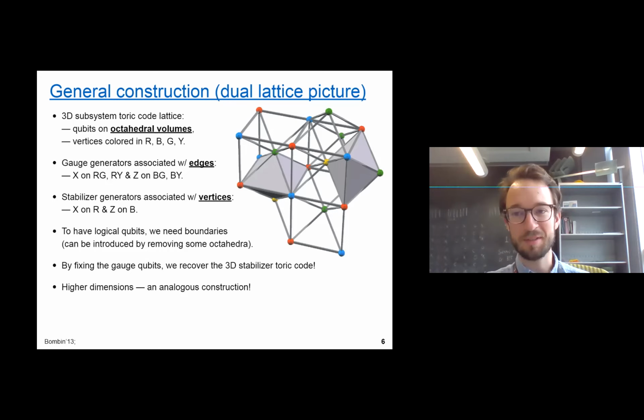And another interesting thing: anyone familiar with the gauge color code? As you go up to higher dimensions, there are different choices you can make about what to associate your gauge operators with.